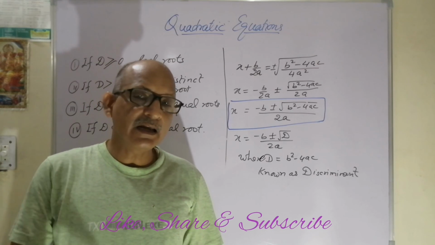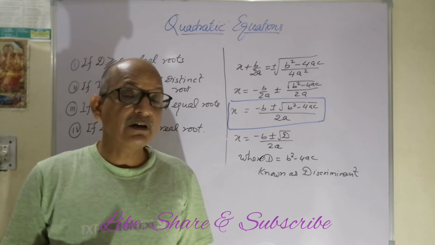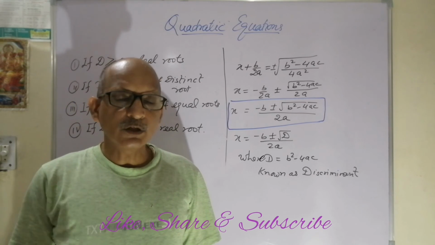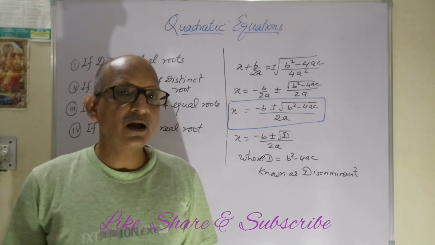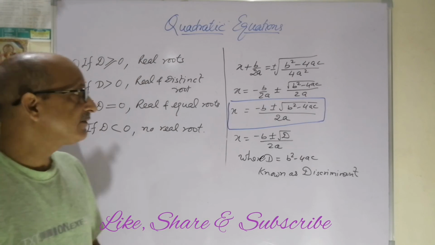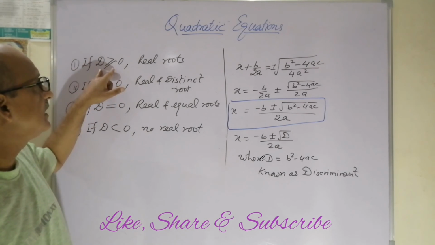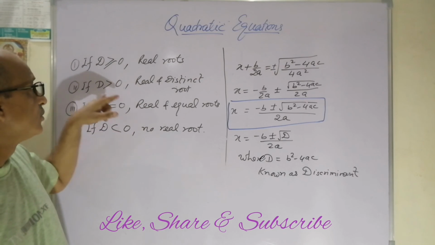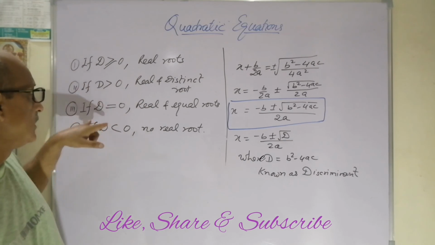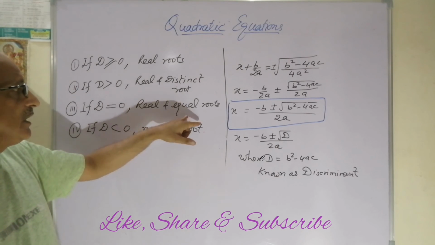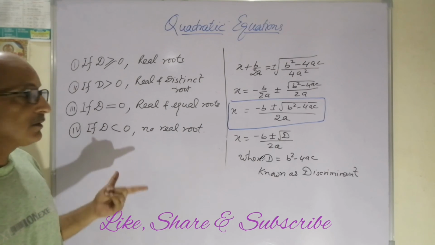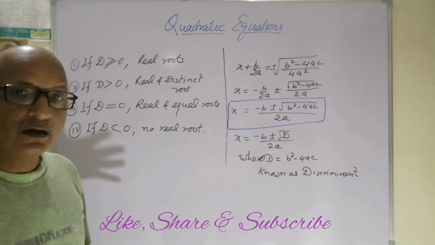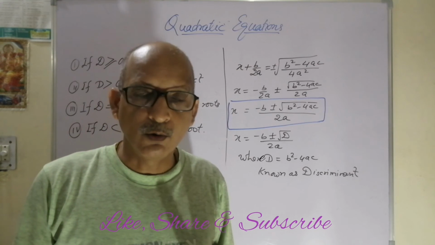Find k if roots are real and equal, or find k when roots are real and distinct, or find k if roots are real only. When it is given that roots are real, we put D equal to or greater than 0. If real and distinct is demanded, D is greater than 0 always. D is equal to 0 for real and equal roots, and if D comes below 0, a negative number, we don't have to solve, we write no real roots.